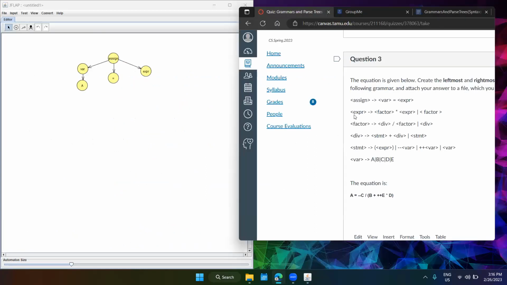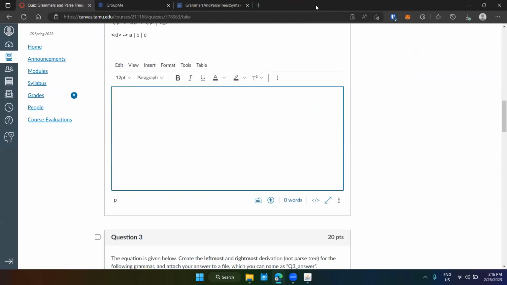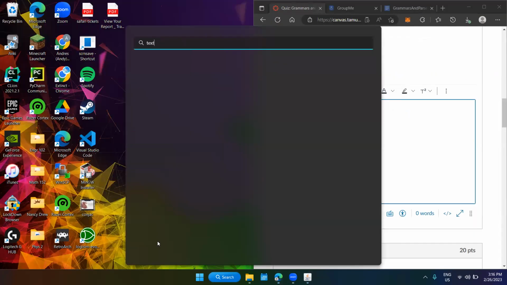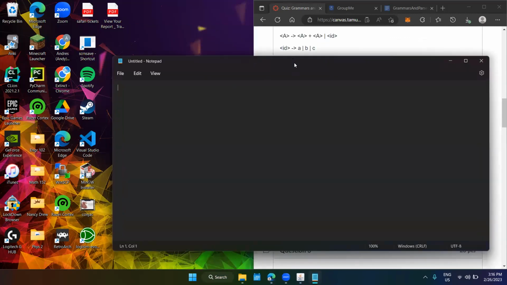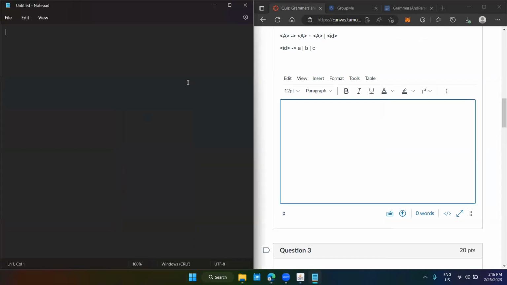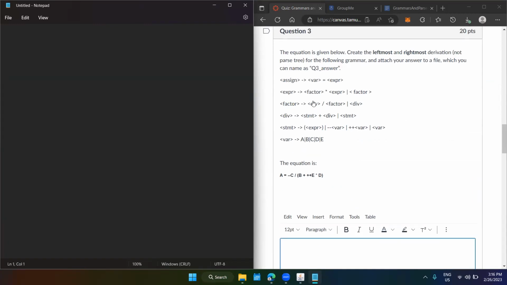Yeah, because on the last one it said you use JFLAP, right? Okay, not doing a tree. It's even worse. How should I do this? I think just doing it in a text editor and we can just copy paste. I'm gonna pull up the notes. This part's ugly.